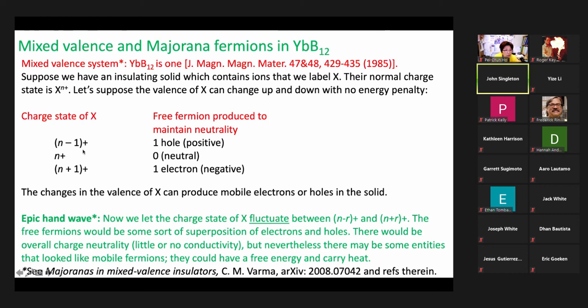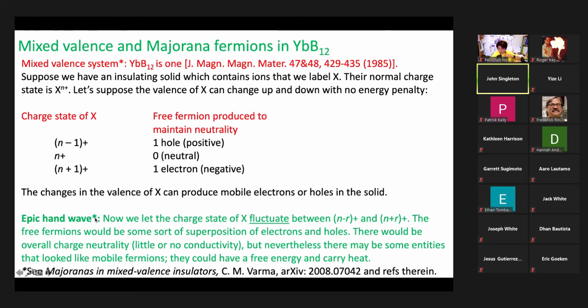So you can see that by making the valence go up and down, by changing the number of pluses on this X ion, you can make mobile charge carriers, which are there to compensate to keep the thing electrically neutral. So we can produce things that are positively charged or negatively charged in the solid.